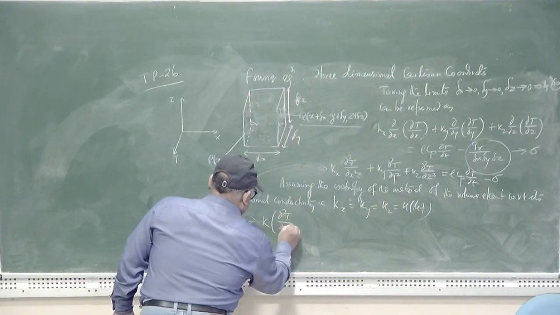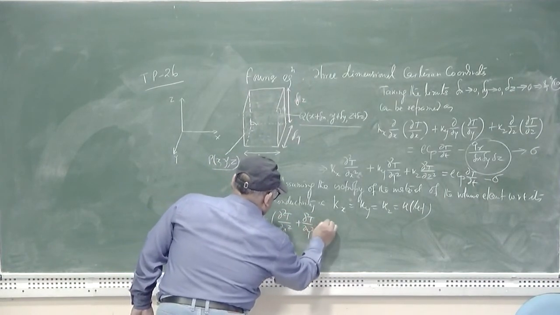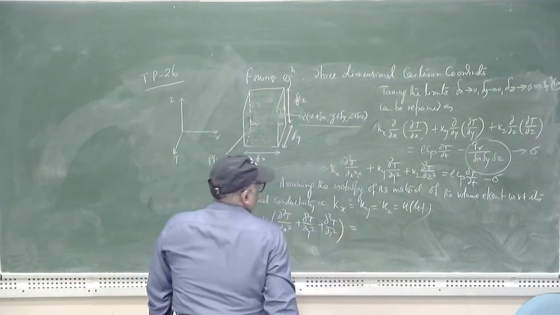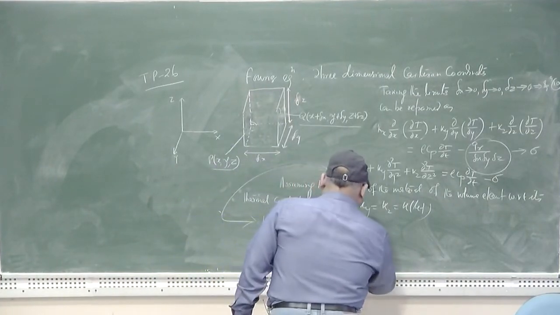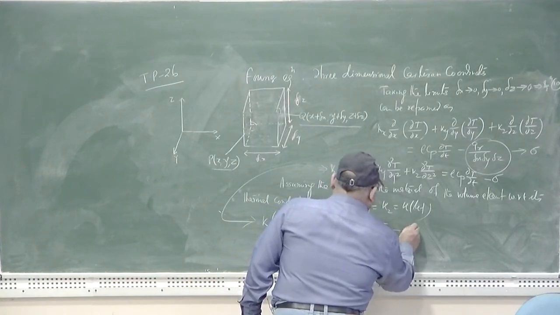(∂²T/∂x² plus ∂²T/∂y² plus ∂²T/∂z²), that should be equal to rho cp ∂T/∂t minus sigma.